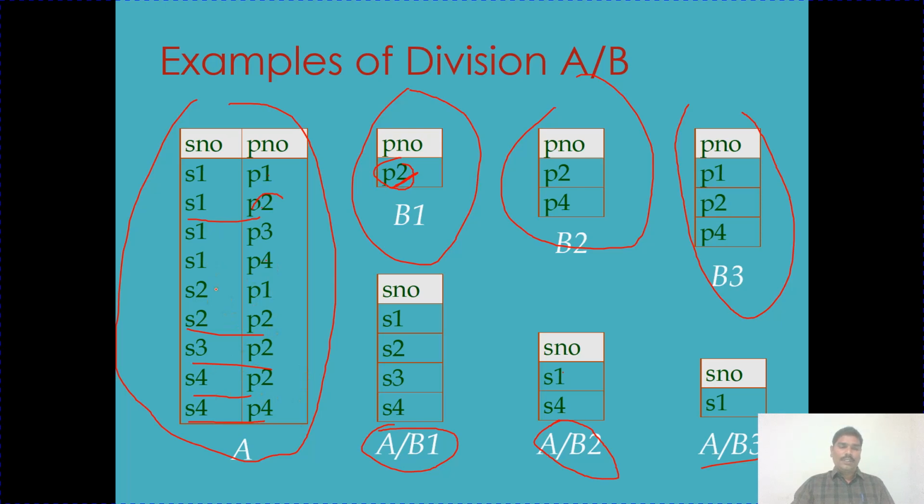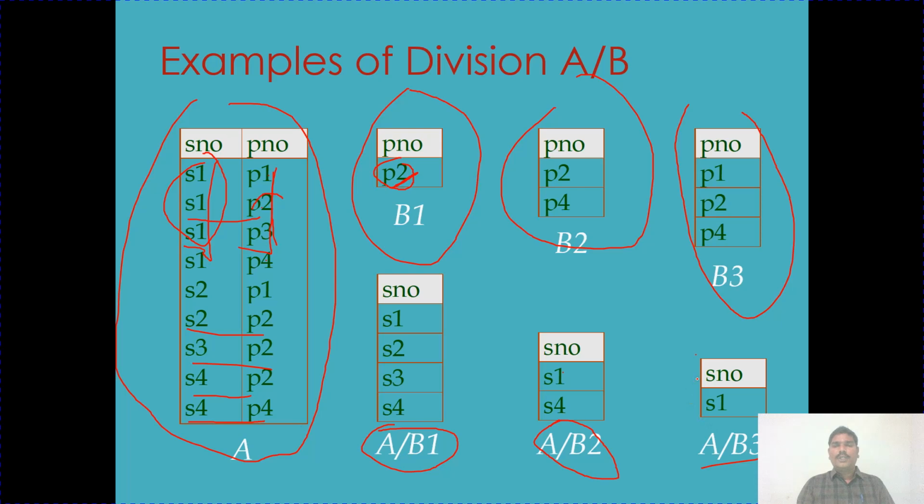So these are the different values, but the starting values of P1, P2, P3 are S1. So if you are dividing A by B3, with the same values for these different fields, then only P1 is S1, P2 is S1, P3 is S1. The result of A by B3 is S1.